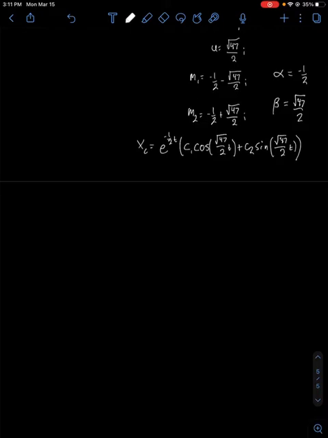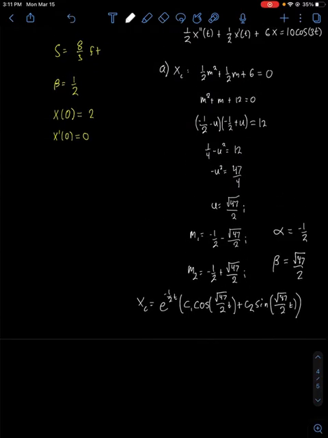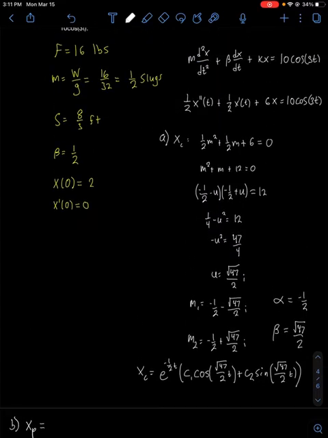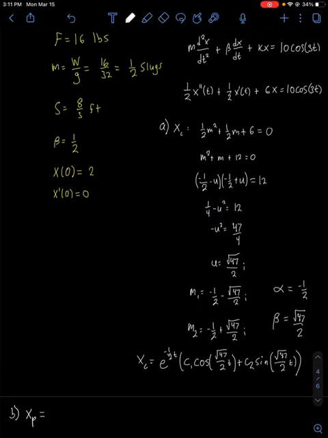Now, for the second part, I'll denote that part b, is to find x sub p, the particular solution. x sub p can be found using either variation of parameters or using undetermined coefficients.